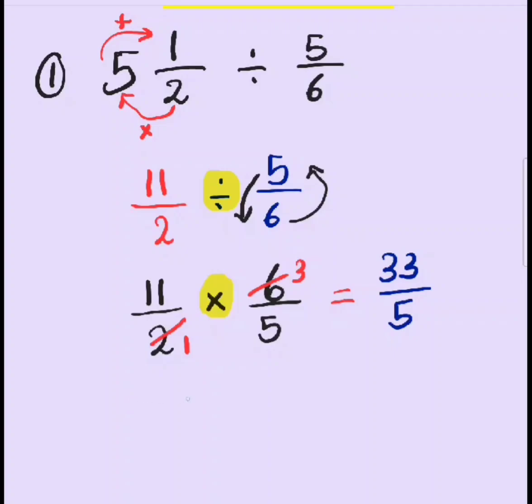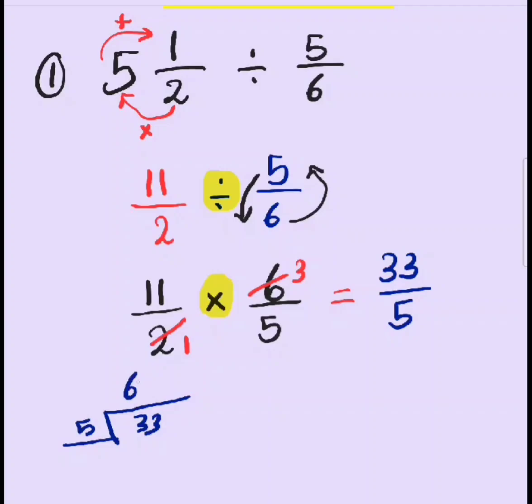And then we can look to simplify the fractional part of that answer. So we do this by taking our numerator 33 and dividing it by 5. So how many whole groups of 5 can we pull out of 33?